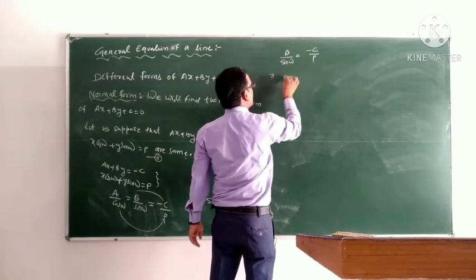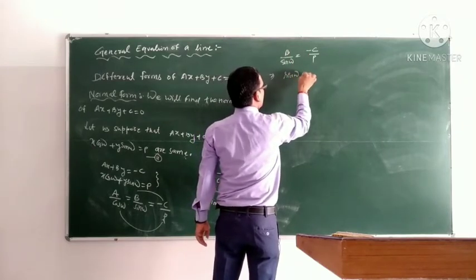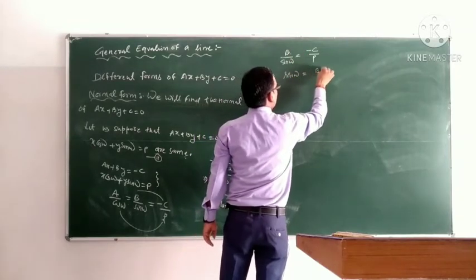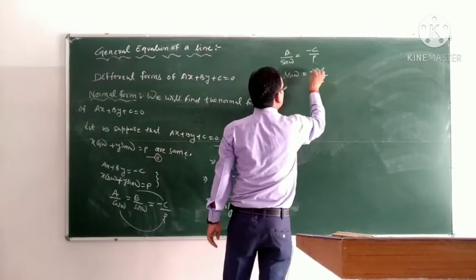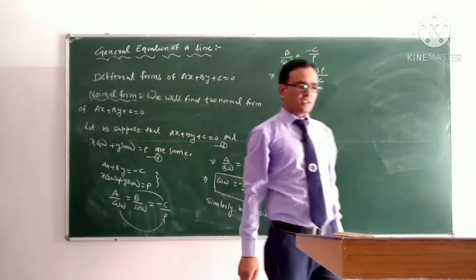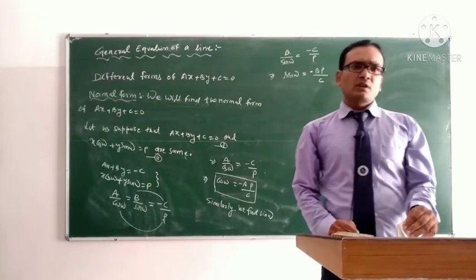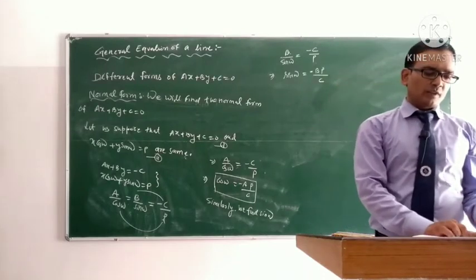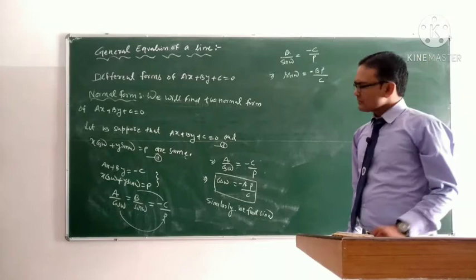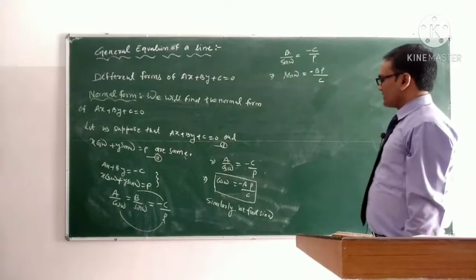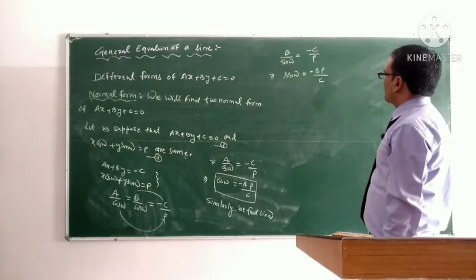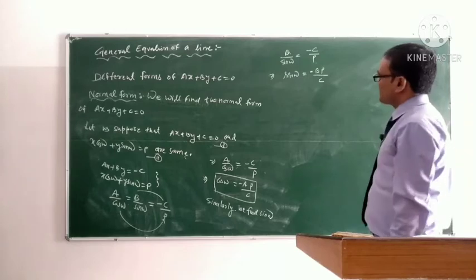This implies that sin omega equal to minus bp upon c. Okay students, here we find the value of cos omega. Cos omega is minus ap upon c and sin omega is minus bp upon c.